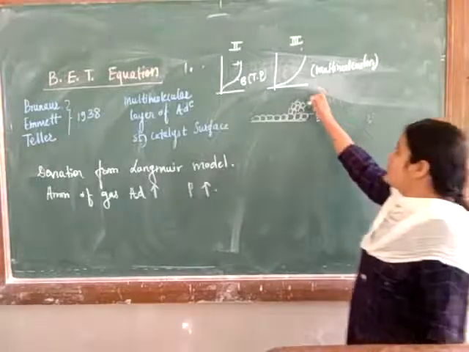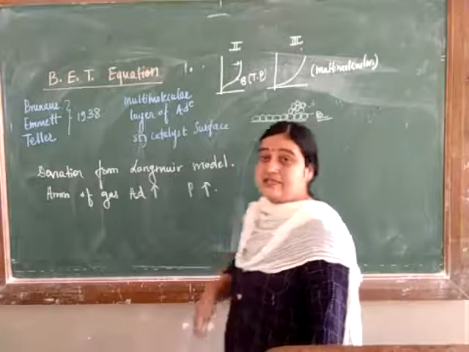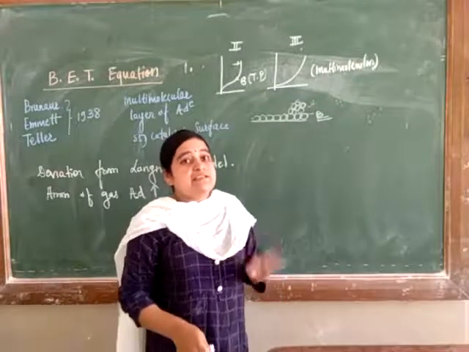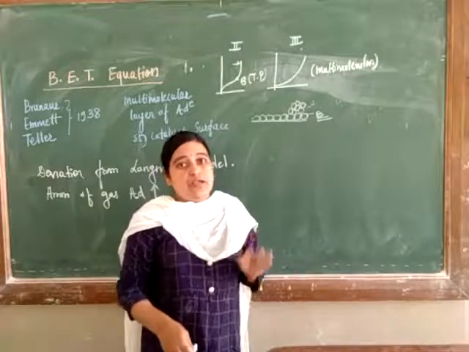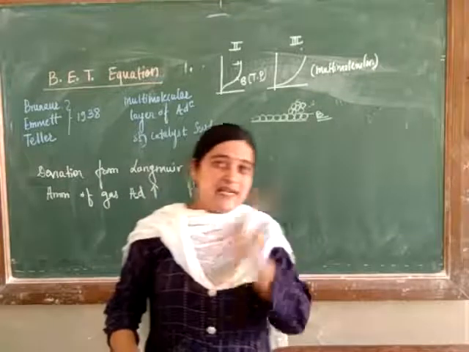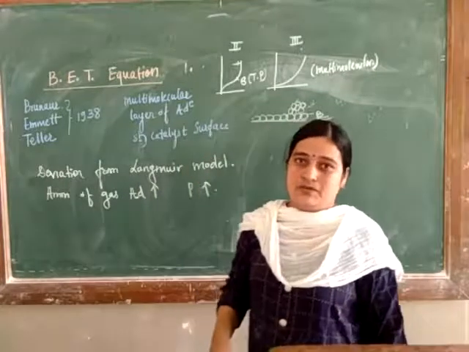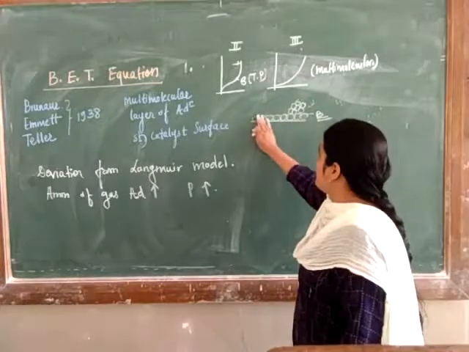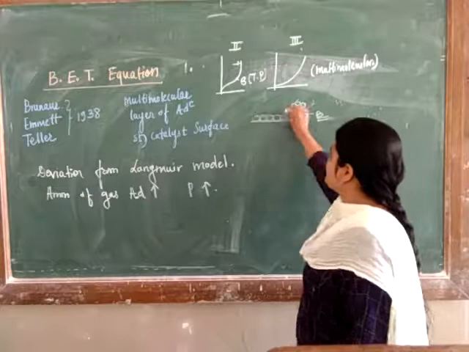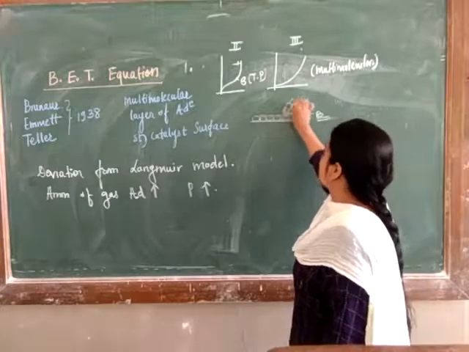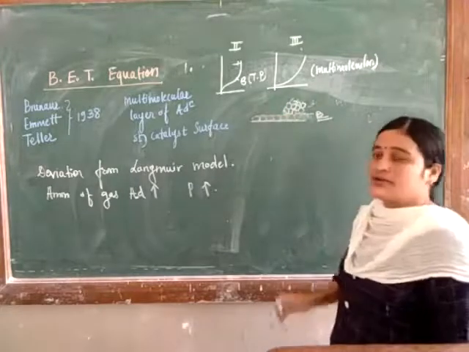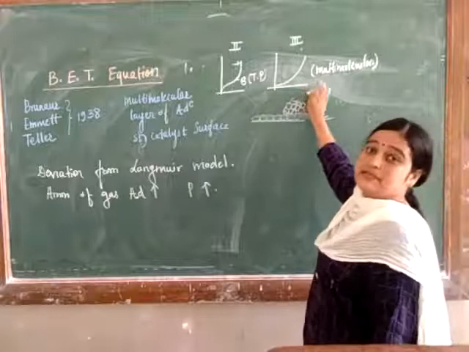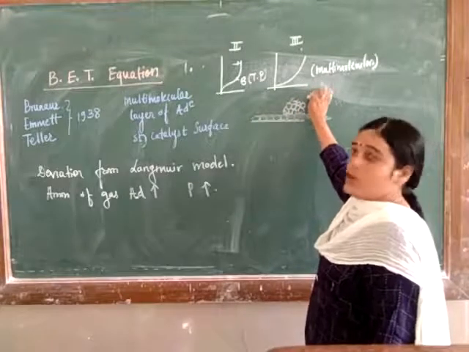What it shows is that before the end point of monomolecular layer formation is reached, multimolecular layer formation on the adsorbent starts. That means there is a covering of multimolecular layer directly, before the formation of the monomolecular layer. This is the type 3 isotherm.